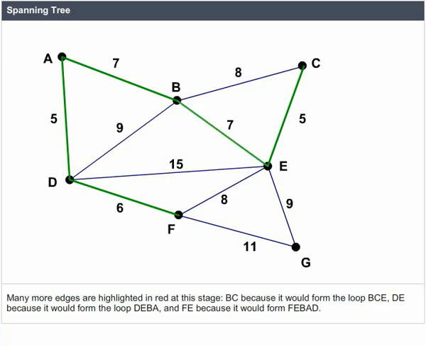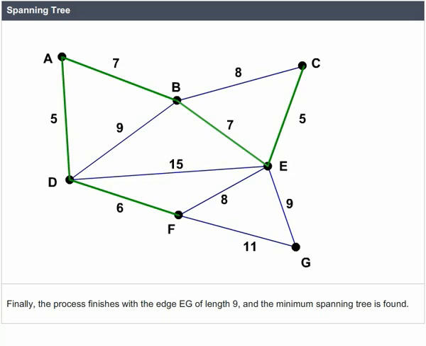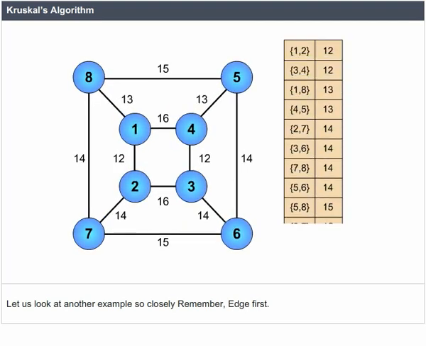Many more edges are highlighted in red at this stage: BC because it would form the loop BCE, DE because it would form the loop DEBA, and FE because it would form FEBAD. Finally, the process finishes with the edge EG of length 9 and the minimum spanning tree is found. Let us look at another example.